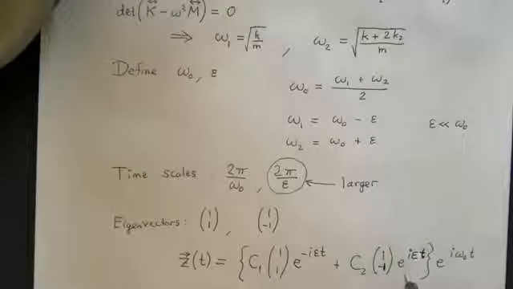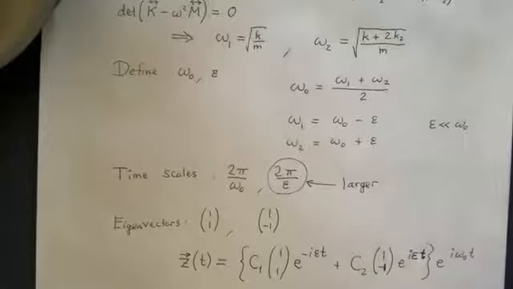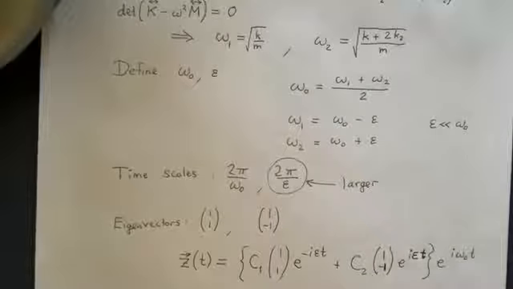It's too early to say that we can see that the energy goes from one cart to the other. That's going to require some further analysis. But at this point, we have a very clear distinction here with a fast time scale and the slow time scale. Okay, so let's consider a special case where C1 is equal to C2.